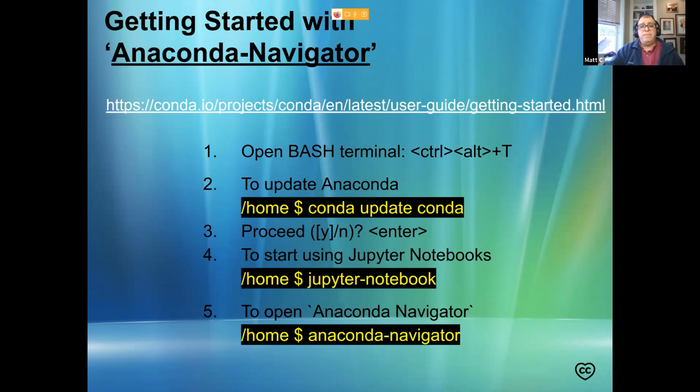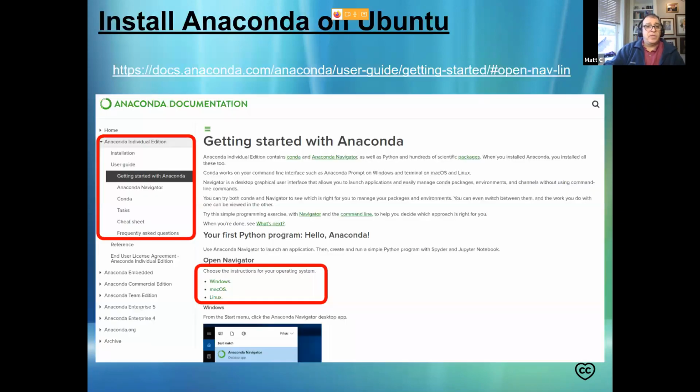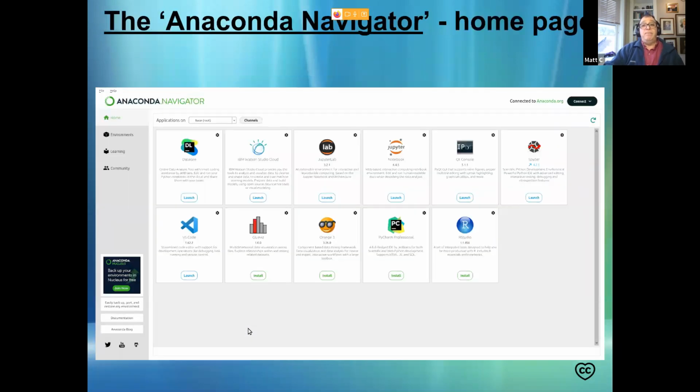So once you start up the Anaconda Navigator, if you need some directions on getting started, the user guide here is pretty good too. It walks you through opening it in Windows, Linux, and Mac. And what you get when you start up is this Navigator window.